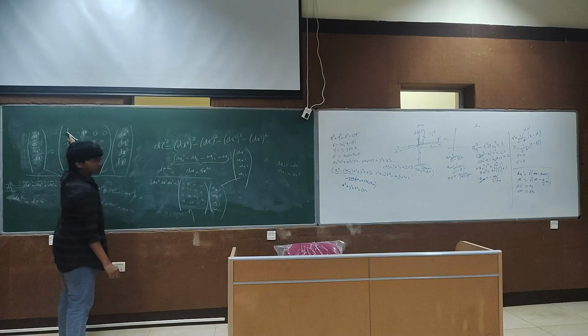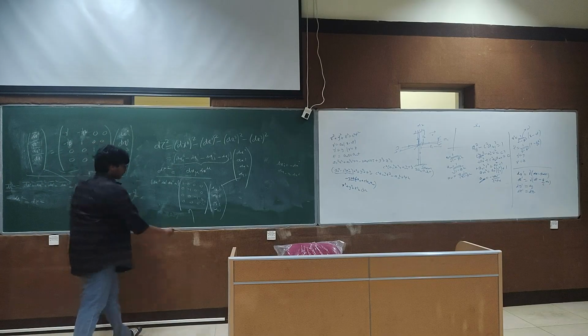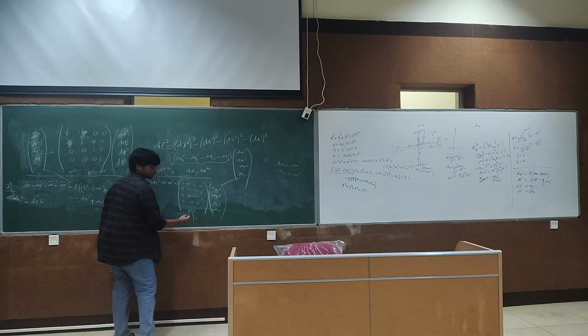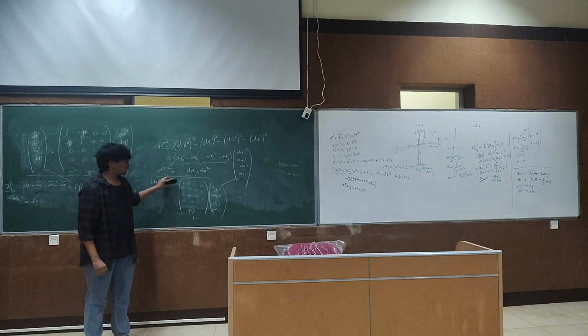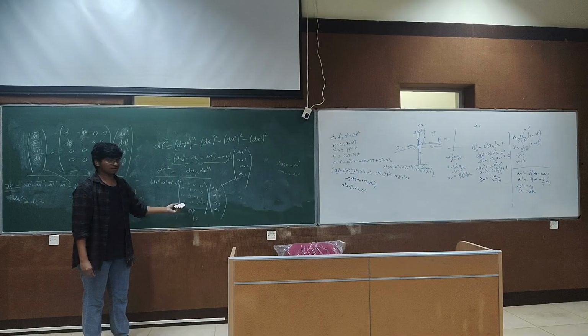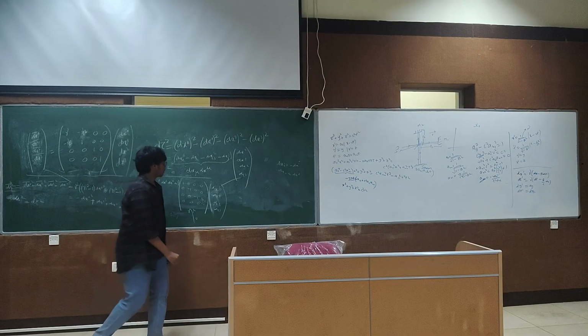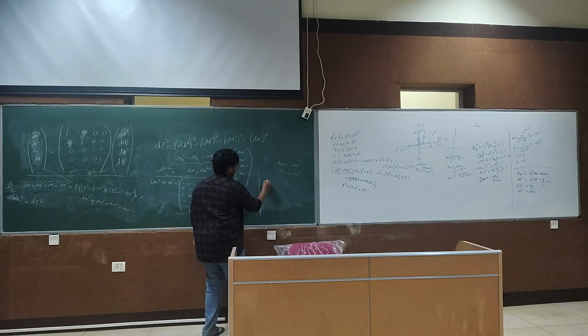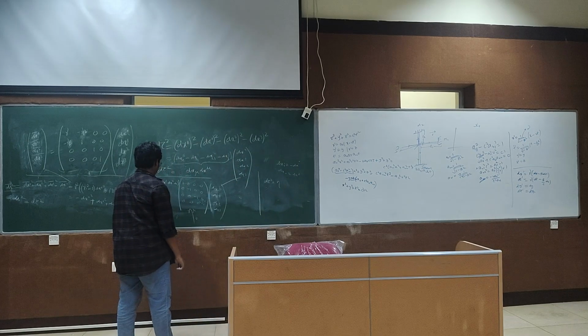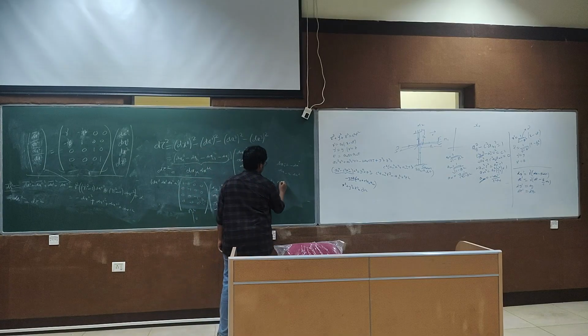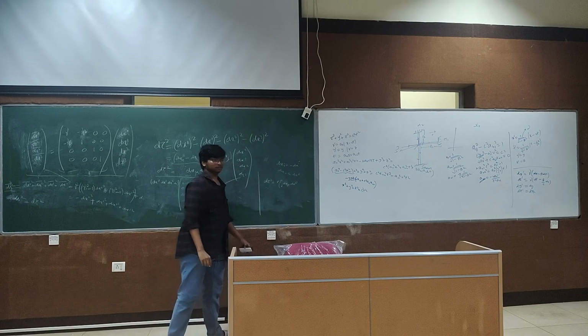Just like how we define mu and nu indices here, I'll also define mu and nu indices here. Fine. So, mu defines the position of the element in the row and nu defines it in the column. So now I can write d tau square equal to... fine.